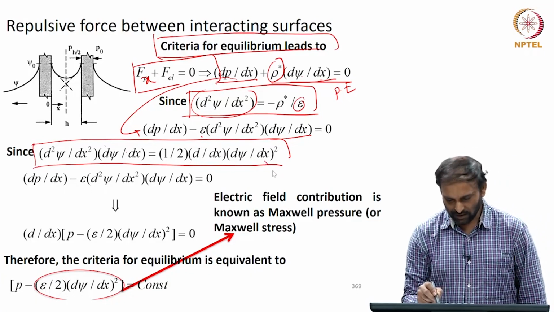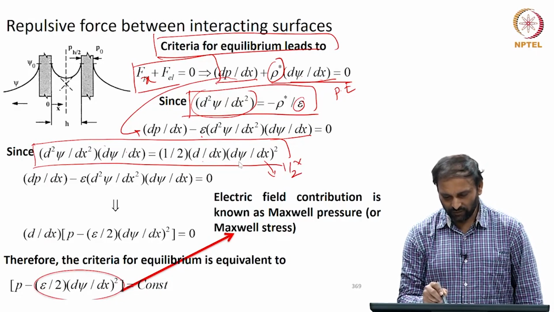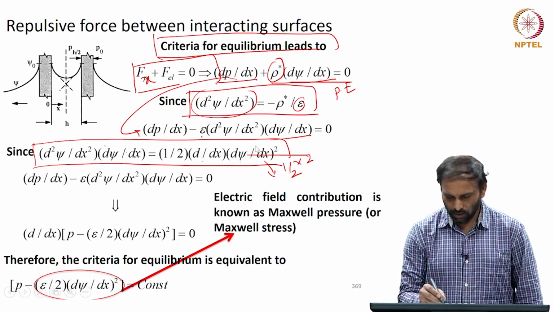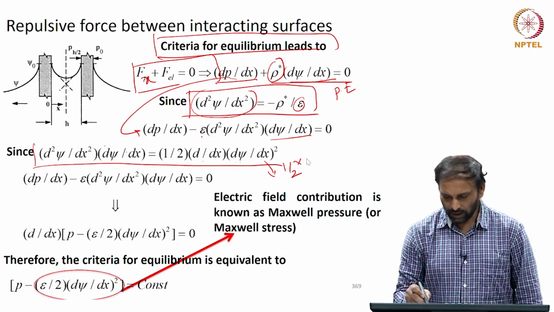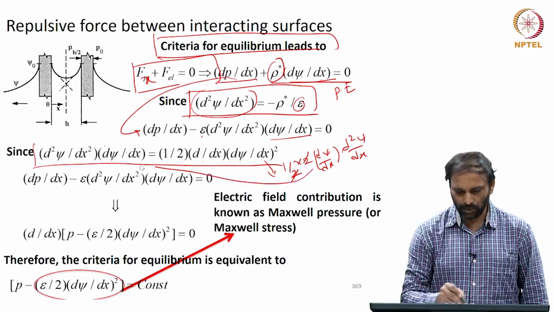So, if I simplify this, what I get is 1 over 2 times d by dx of d psi by dx whole square is 2 times d psi by dx times d square psi by dx square, right. This gets cancelled, so you essentially end up with the same term.